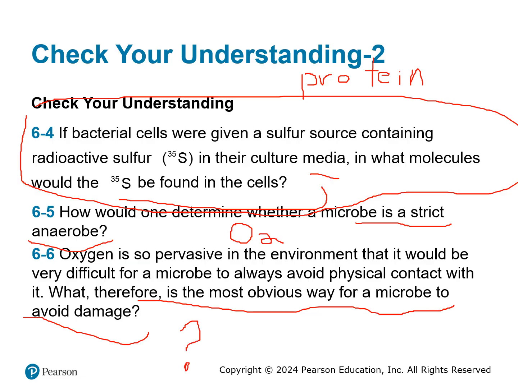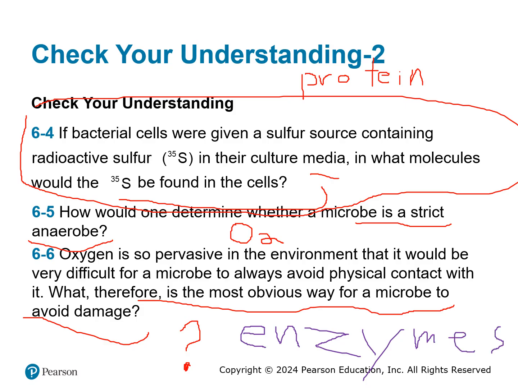What does a microbe have to protect it from oxygen? It has to have some of those enzymes at least, right? Enzymes that break down the reactive oxygen species.